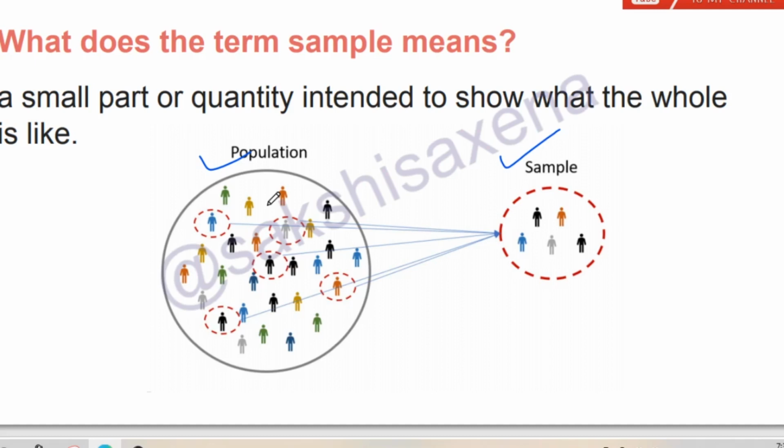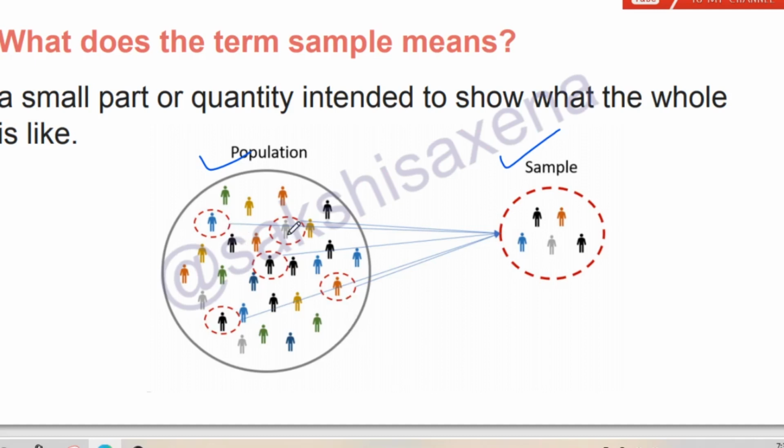So in this diagram we can see that there is a population we have to investigate. Now sometimes the population is big and it is impossible to calculate the data or do the investigation for the same, so we select some of the units from that entire population.